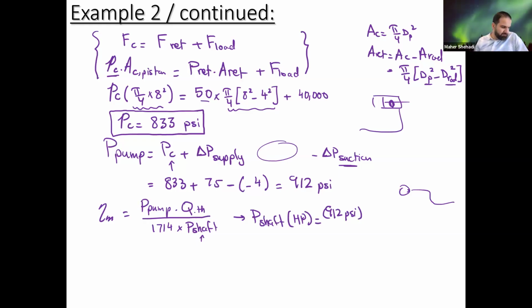It was 42.6 gallons per minute, divided by 1714, and then only the mechanical efficiency, which is 0.9.